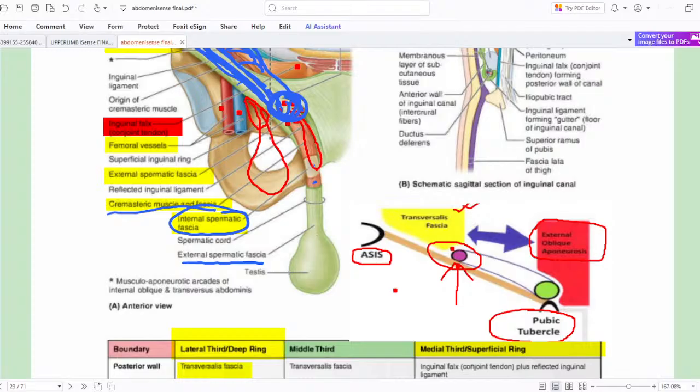So number 1 layer, number 2 layer, number 3 layer. Dr. Sanjita, what are the layers of the spermatic cord while passing through the inguinal canal? Layers of spermatic cord are external spermatic fascia, cremasteric fascia, and internal spermatic fascia. Yes.